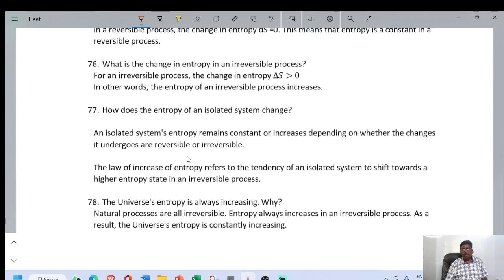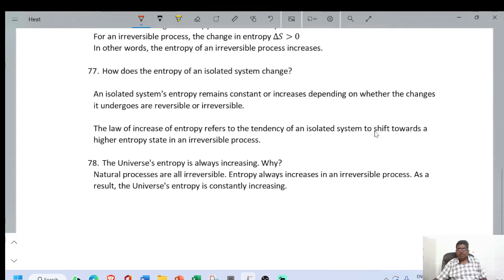How does the entropy of an isolated system change? An isolated system's entropy remains constant or increases depending on whether the changes it undergoes are reversible or irreversible. The law of increase of entropy refers to the tendency of an isolated system to shift towards a high entropy state in an irreversible process.